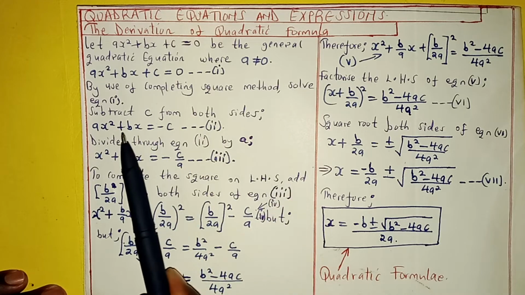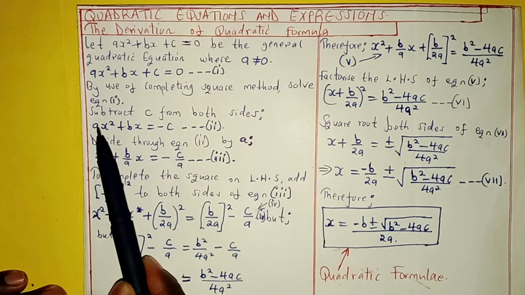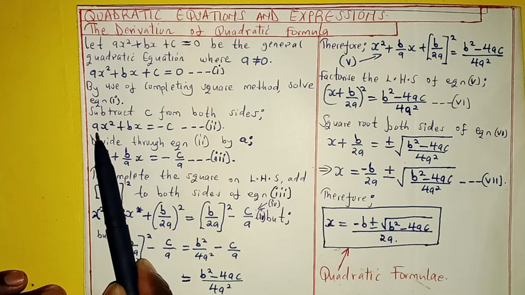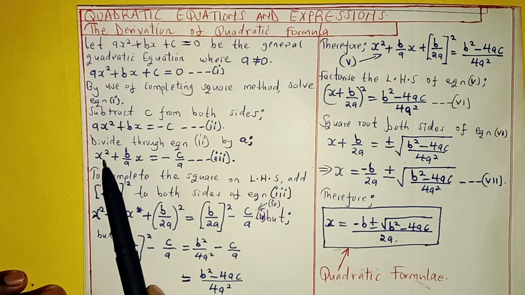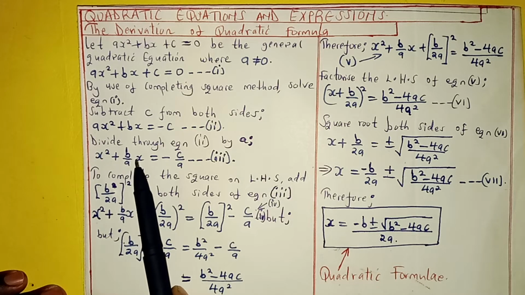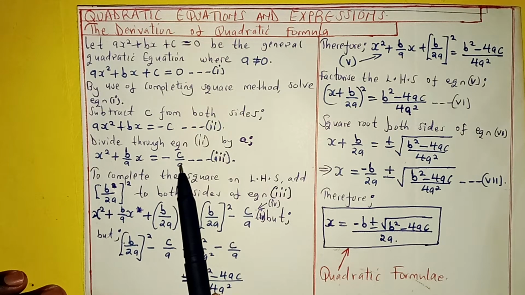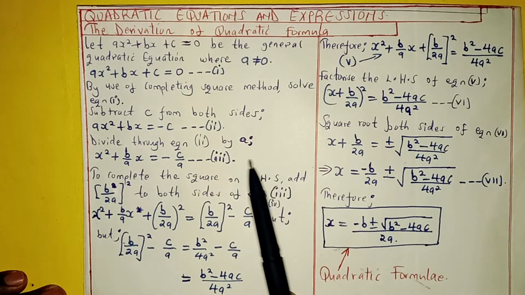Now, we divide equation 2 by this constant a. So when we divide by a, we get x squared plus b over a x equals negative c over a. That is our equation number 3.